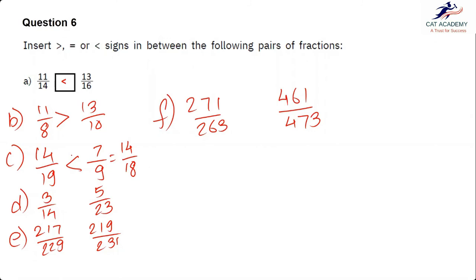So 23 3s are 69, 14 5s are 70. Rule number 3, 70 is greater, so this one is greater. Remember, you have to keep the numerators on respective sides. Or you can use rule number 2 and make the numerator the same, 15 and 15. Next.